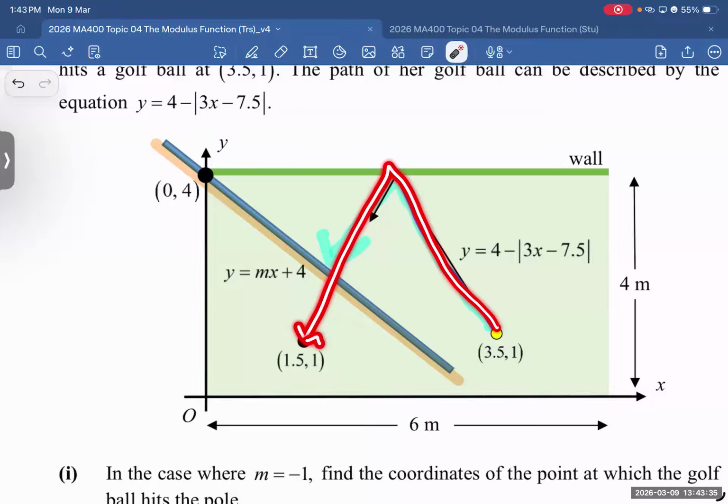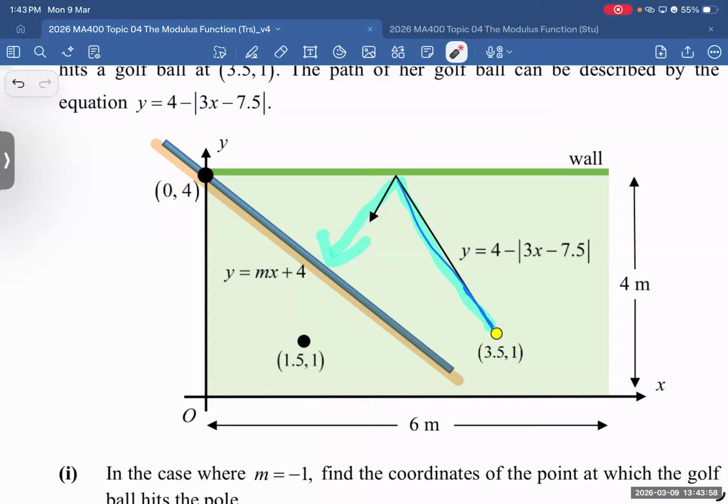That means where must my pole be? My pole must be here. I want my ball to reach this part. That means my pole has to be behind. It cannot be on the hole or in front of the hole. If it's in front, it's going to be blocking. So it has to be behind.